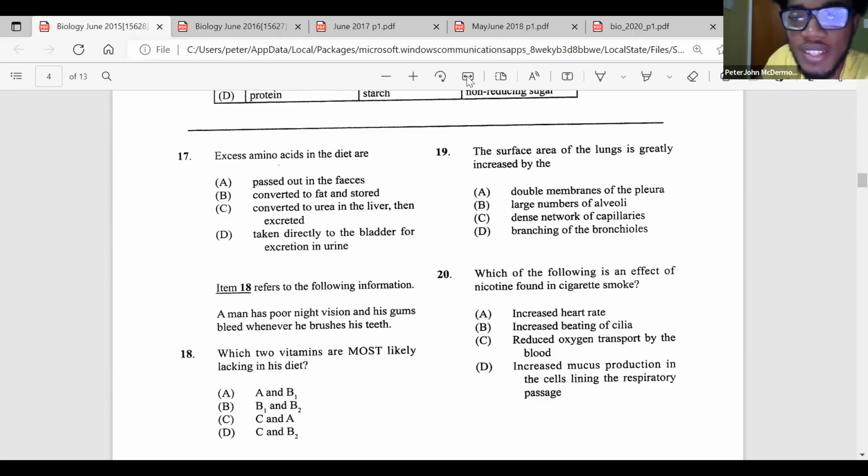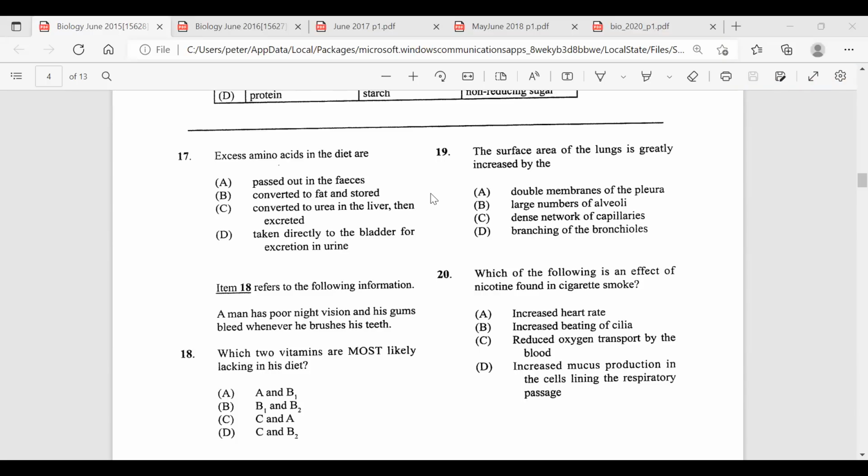Amino acids are protein, and fat is related to lipids, your triglycerides and your fatty acids and stuff like that, right? So they're just different compounds, so it's not as good of an answer.